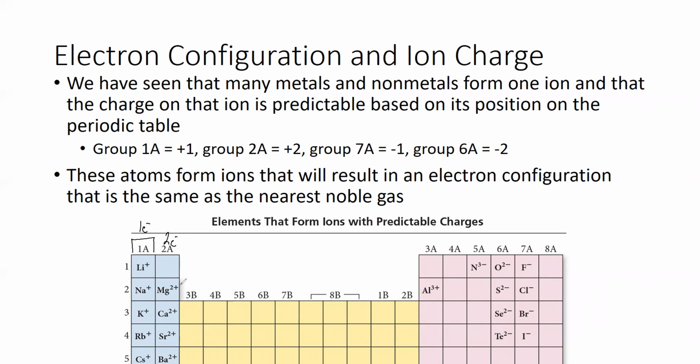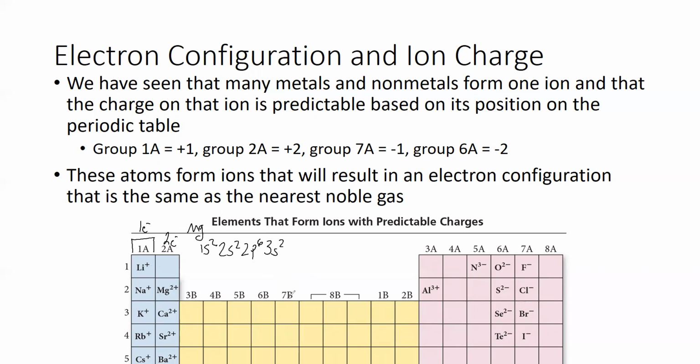If you're not quite getting that, what do I mean by, if I lose 2, I have 8? Let's look at the full electron configuration of magnesium. Magnesium is 1s2, 2s2, 2p6, 3s2.